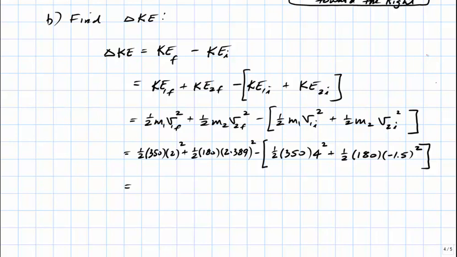Using our calculator, the left-hand side equals 1,213.7 minus, within the brackets, the result equals 3,002.5.